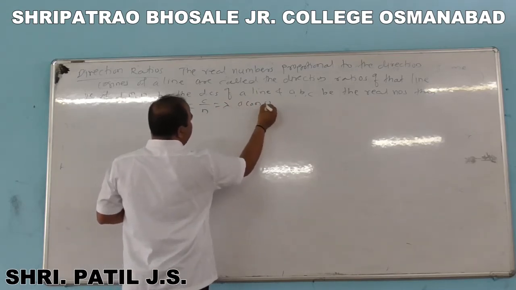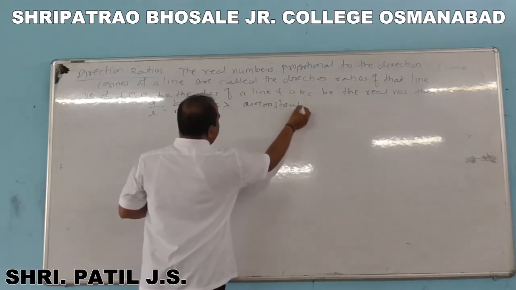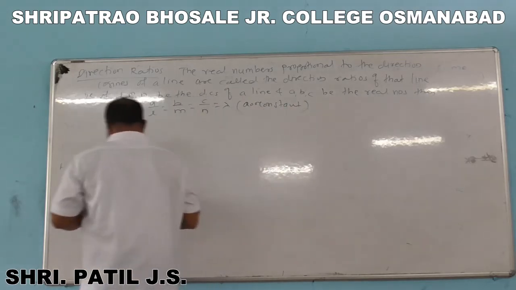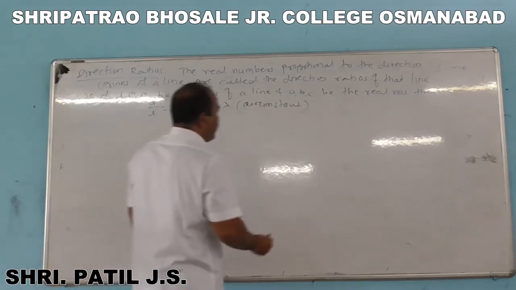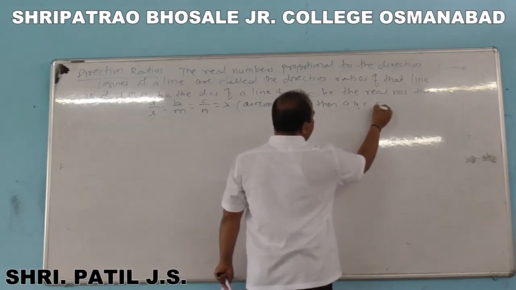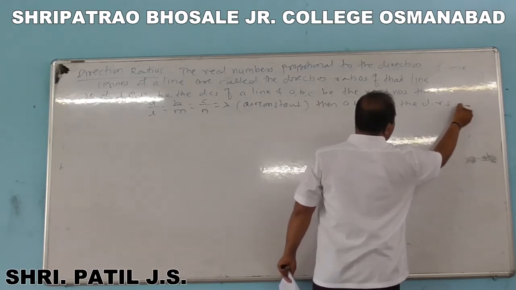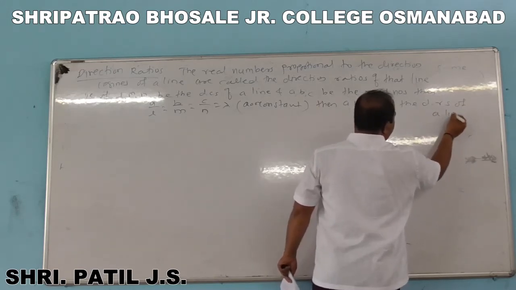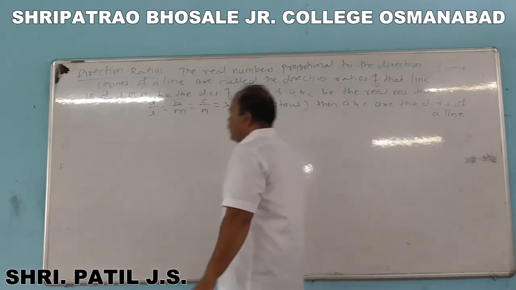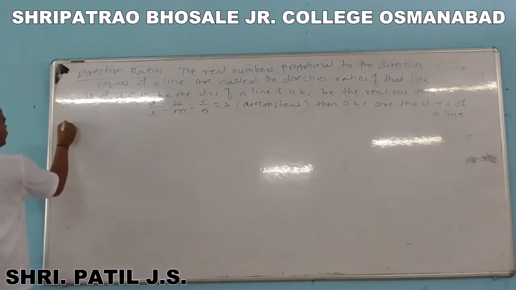Lambda means some constant. Then a, b, c are the direction ratios of a line.